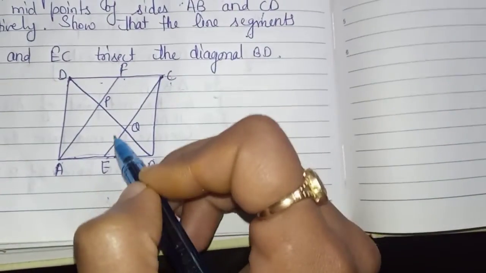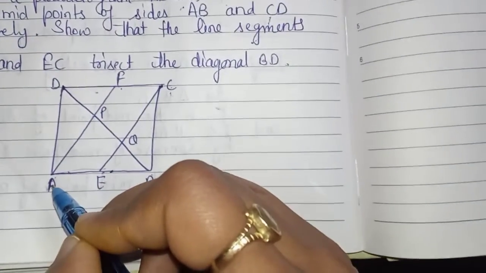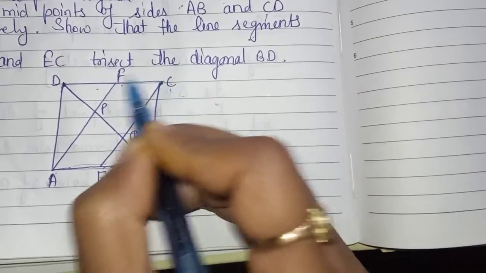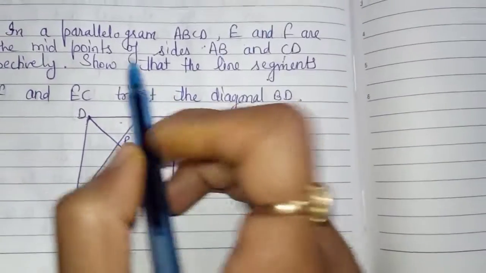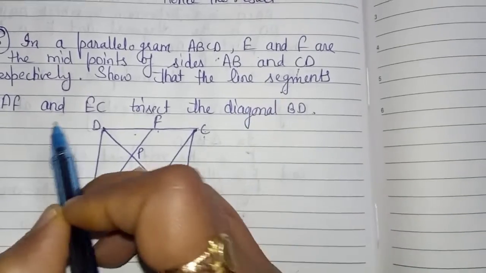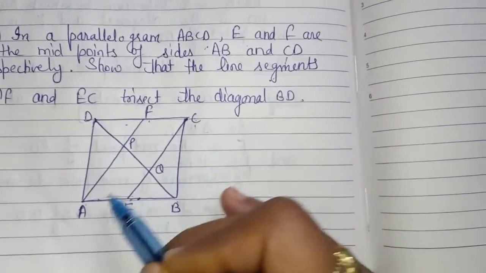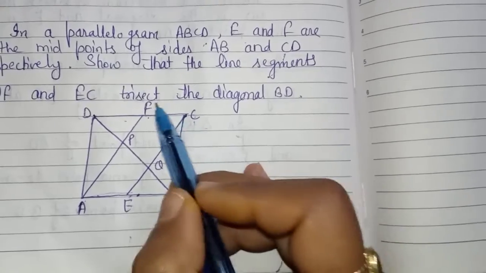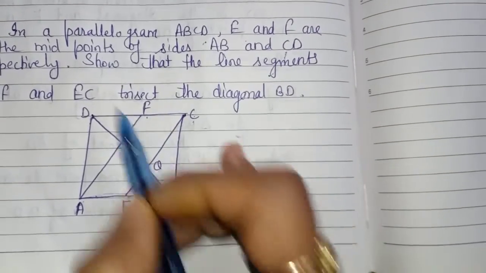So firstly, from here we will prove that AECF is a parallelogram. The line segments AF and EC trisect the diagonal BD.